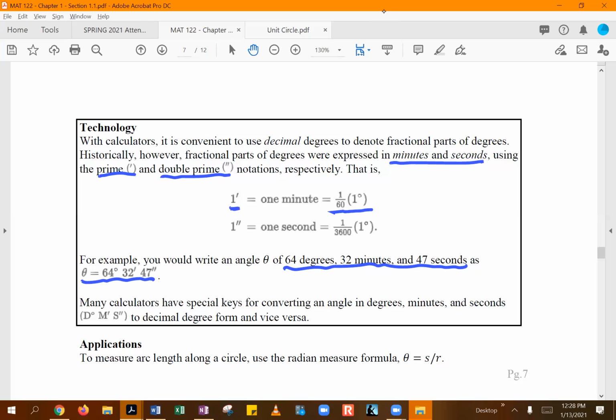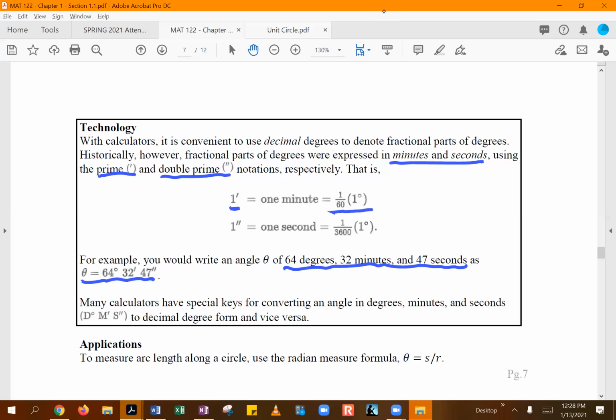So of course we know there are 60 minutes to an hour. That's why we are taking 1 degree and multiplying it by 1 over 60. And then we know each minute has 60 seconds. So basically your 1 hour will have 3,600 seconds.